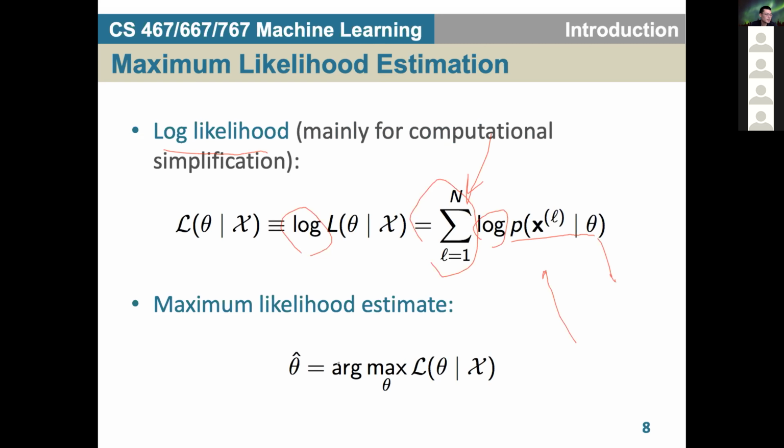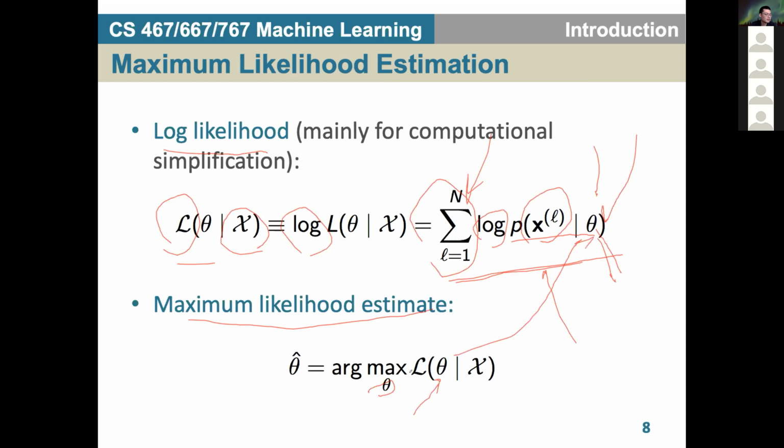And so maximum likelihood estimation just says, given a particular theta, because this data is what you see, it's a constant. So given theta, you will have a summation value, which is the likelihood. We want to find a particular theta that maximizes this likelihood, that maximizes the likelihood that you see the data X. So we write it like this: we want to find a particular theta such that when we put it in this function, we see this X as most likely.